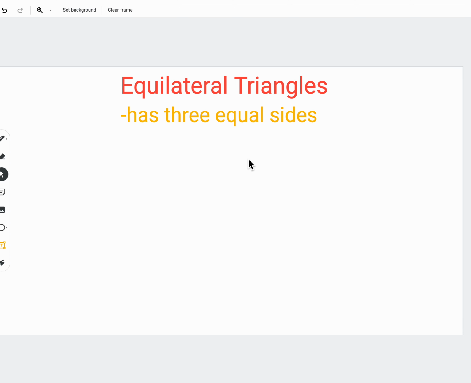If all the sides are equal, then all the angles must also be equal. Each angle in an equilateral triangle will be, therefore, 60 degrees.